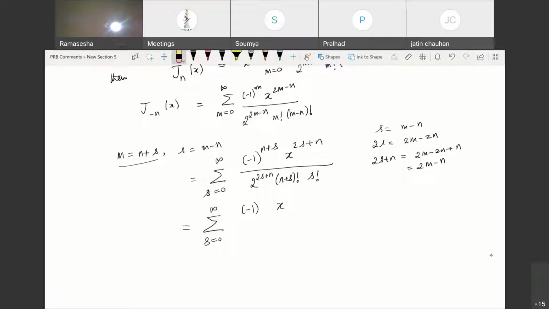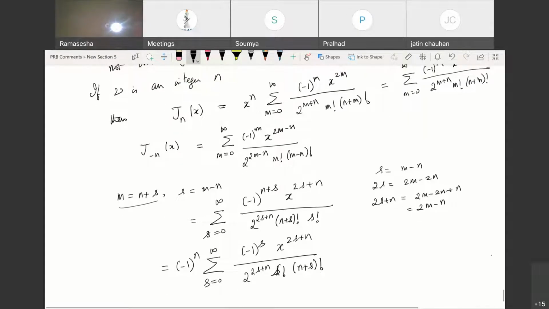So this one is minus. I can keep equal to 5. See, I have taken minus 1 to the power n outside. I have taken x to the power 2s plus n divided by 2 to the power 2s plus n, s factorial into n plus s. So what I have done is basically interchange these two terms, just form as before.